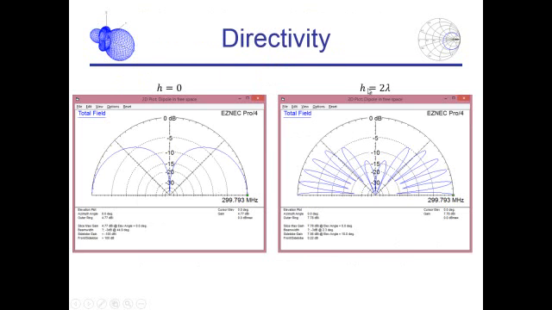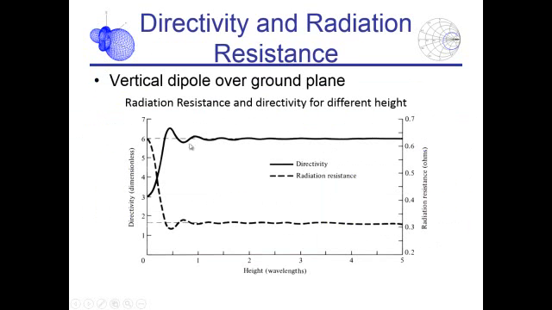For the case when the height is equal to 2 lambda, the directivity is going to be 7.78 dB, so if we calculate it and make it dimensionless, it's going to be around 6.